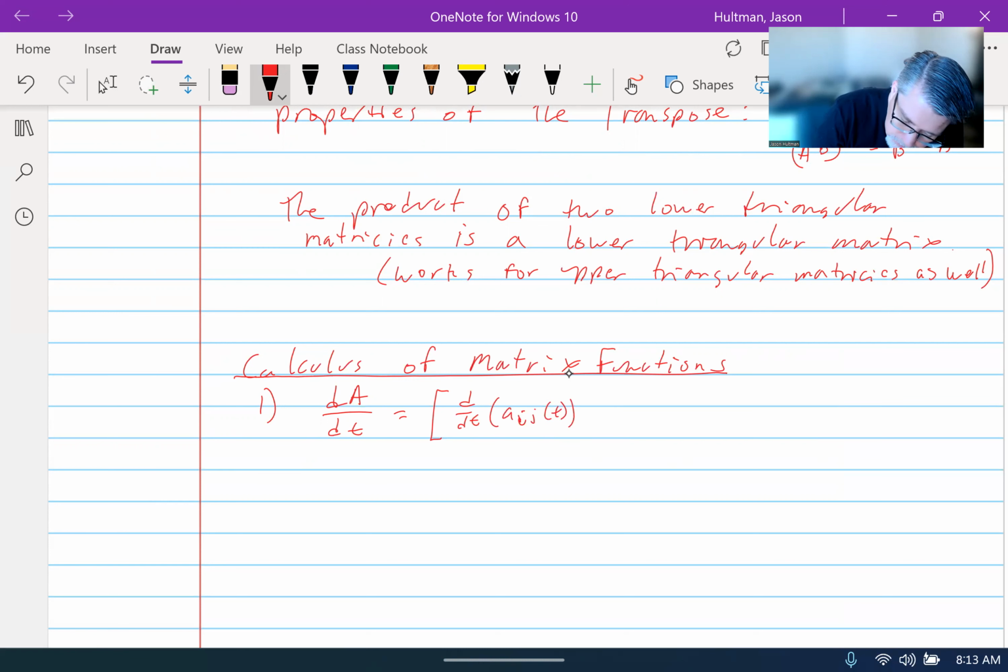It's a function of t. It just takes the derivative of each individual entry. So we just differentiate each entry individually.